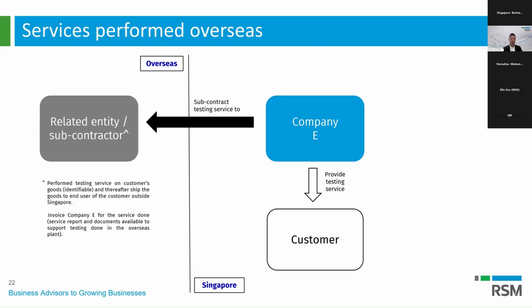My question back to you would be, for these testing services that company E provides to the customer, do you think zero rating would apply? In your chat function, indicate yes if you think zero rating will apply. If you think unlikely because I'm billing a Singapore customer, just indicate no.